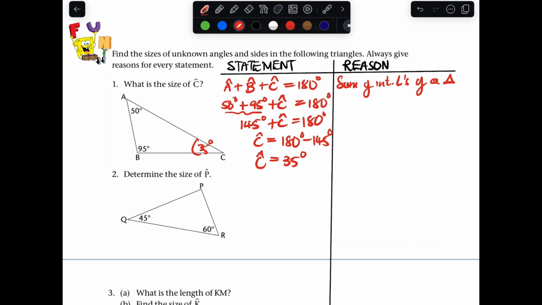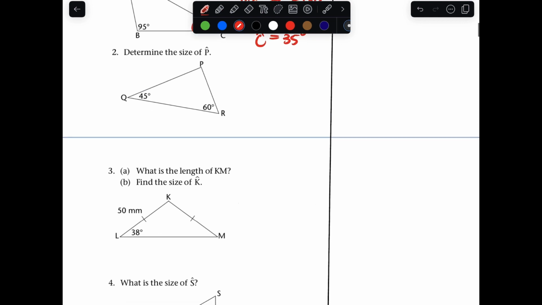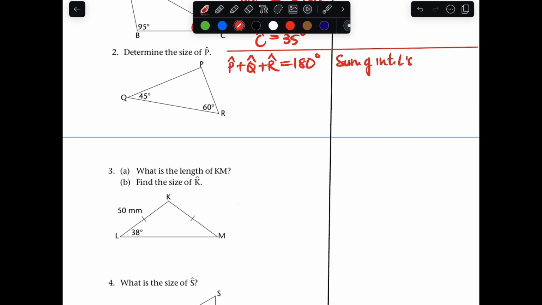Now, let's look at the following question. Right, it says determine the size P. Size P, that means it looks for this angle. So we're given this angle and this angle, but we're not given this. So what we're going to do there, we're going to add all angles there. So we'll say angle P plus angle Q plus angle R, they are all equal to 180, and the reason is the sum of interior angles of a triangle is equal to 180.